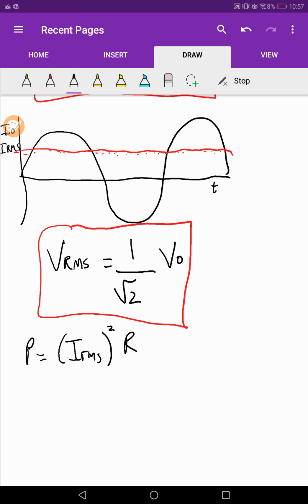So the power would be the RMS current squared times R, which would equal V squared over R, which equals IV. So these equations still hold, even though we're in RMS.